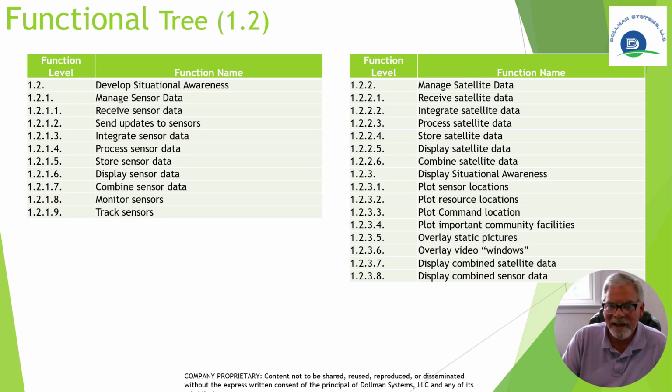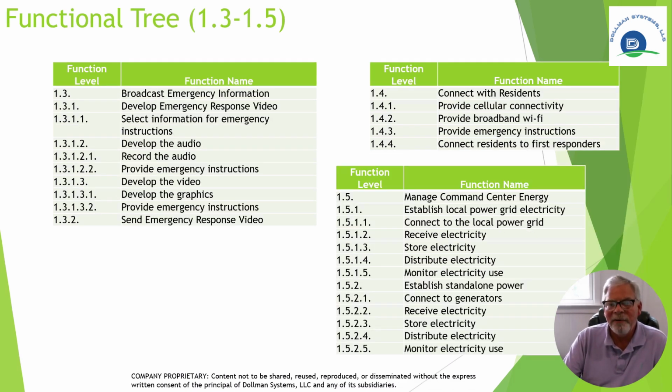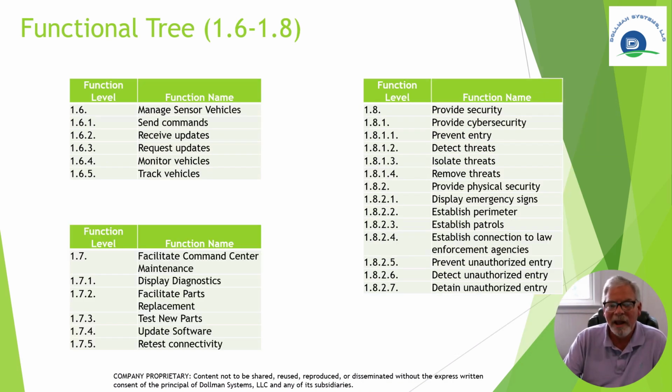And here we see function 1.2, further decomposed into lower level functions. Here are functions 1.3 through 1.5, also decomposed into lower level functions. And here, of course, are functions 1.6 through 1.8, all decomposed into lower level functions.